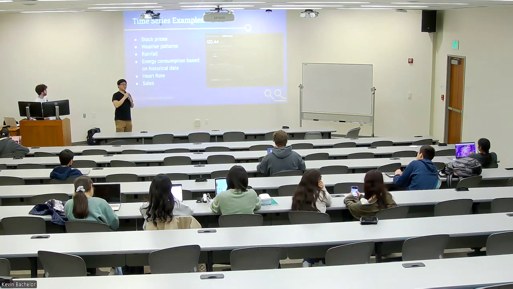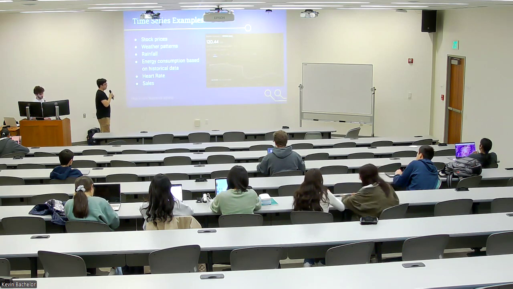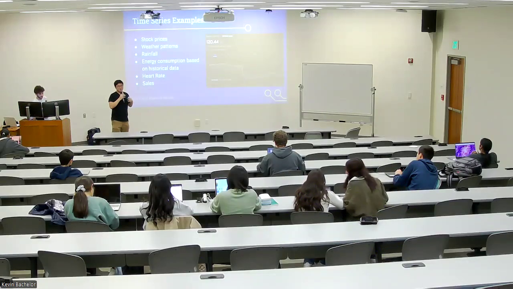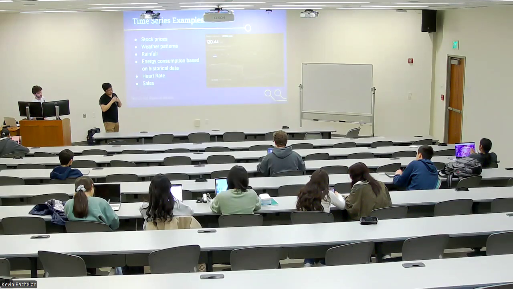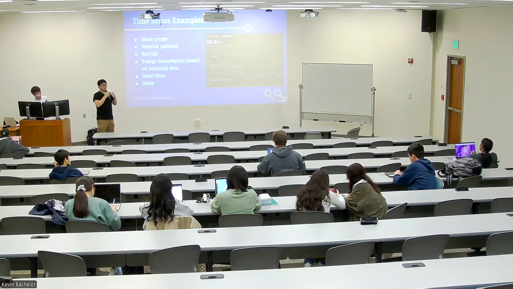Here are some examples: stock prices, weather, rainfall. Heart rate is something that happens over time. Maybe you want to predict heart rate to try to detect some kind of heart disease. One project I was working on, we were trying to predict Parkinson's disease by using brain spikes. You might want to predict your sales. Is your sales going up? Is it going down? These are all very useful types of data we want to predict.